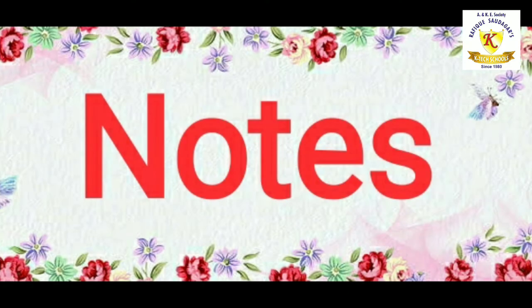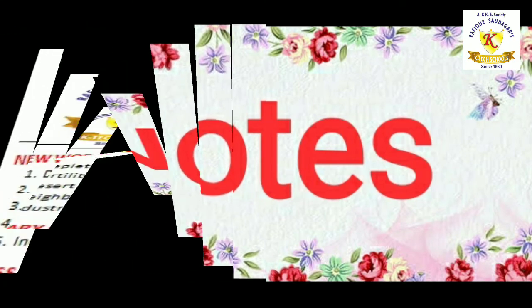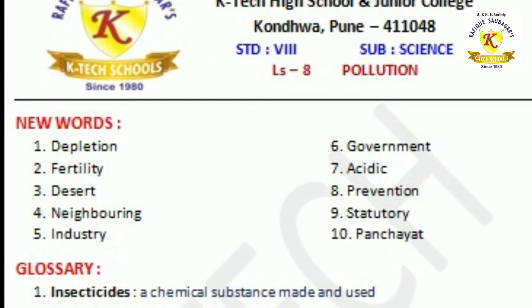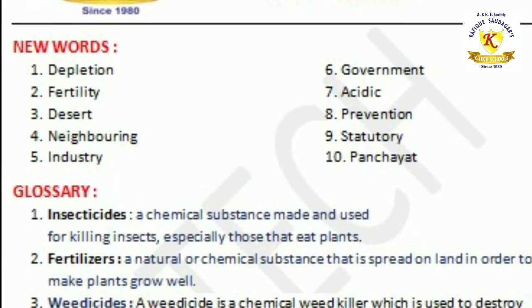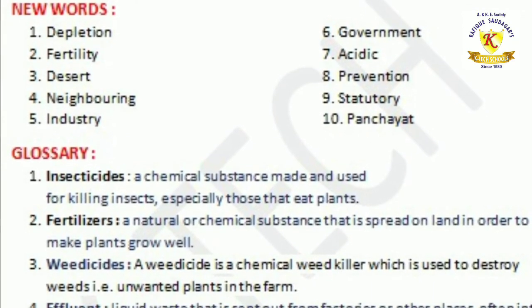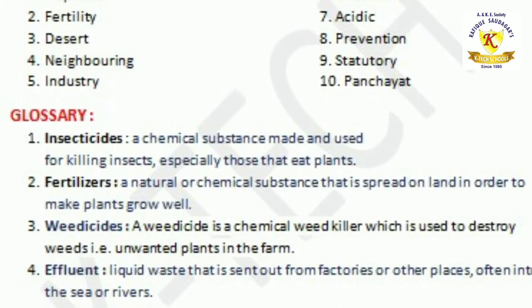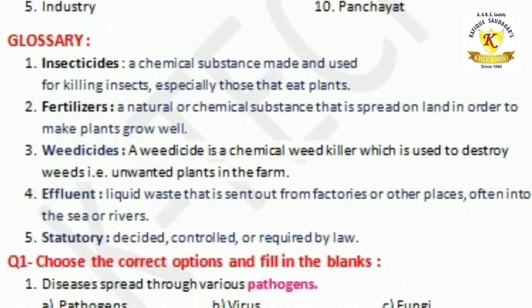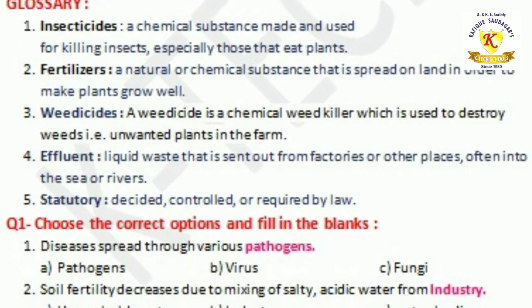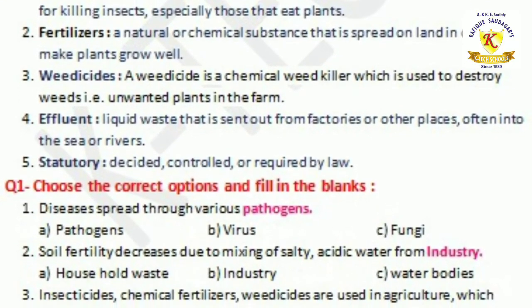Now I'll quickly revise the notes for the topic. First, the new words, followed by glossaries, means the scientific meaning of the words. Question number 1, we have to choose the correct option and fill in the blanks.